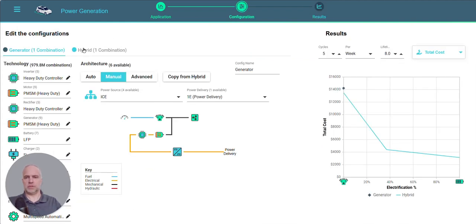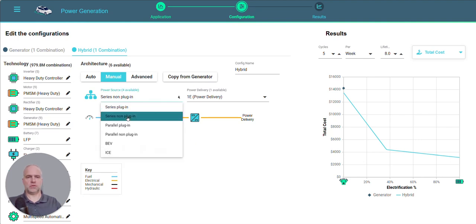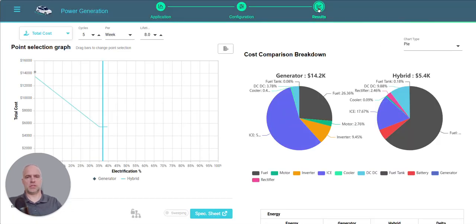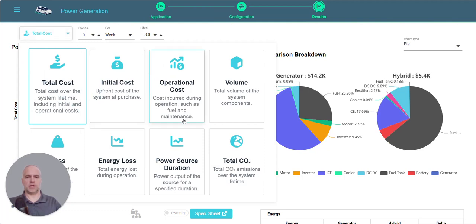Now, if you go back and you want to change it, this is a series plug-in. You change it to a non-plug-in, where you can see the total cost of ownership adjusted because the economics of plugging in versus generating on board change if it's non-plug-in. So these are complicated trade-offs: cost, mass, volume.